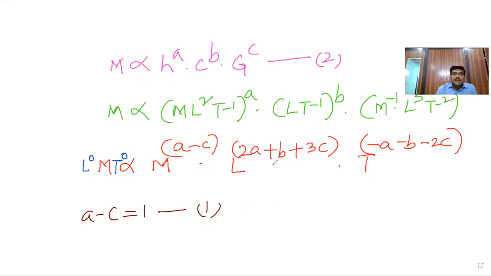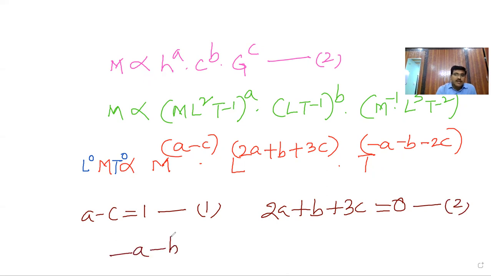The second equation is L to the power: 2A plus B plus 3C is equal to 0, because L is 0 to the power on the LHS side. Equation number 2. Similarly, time: minus A minus B minus 2C, time is 0 on this side, equation number 3. Three equations are given.